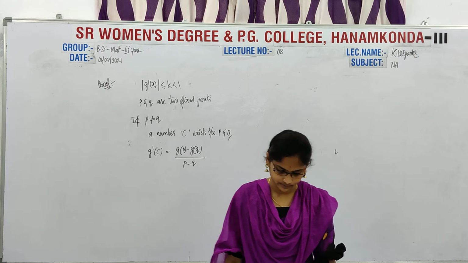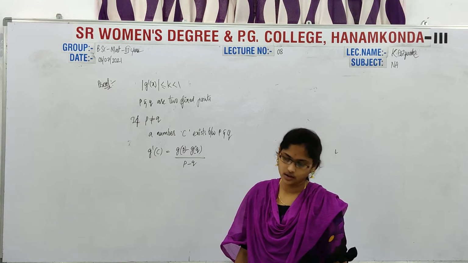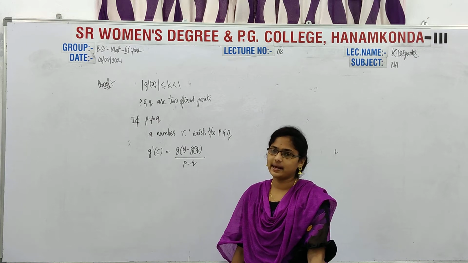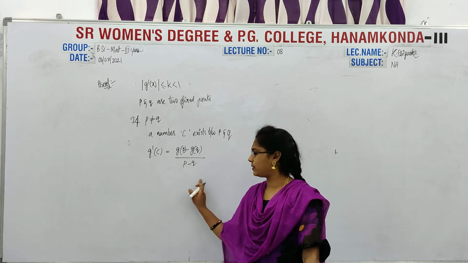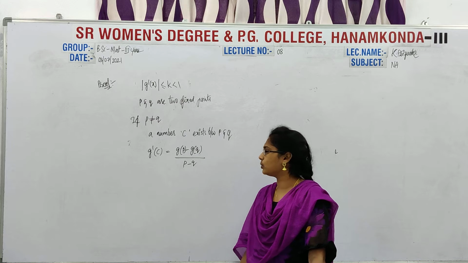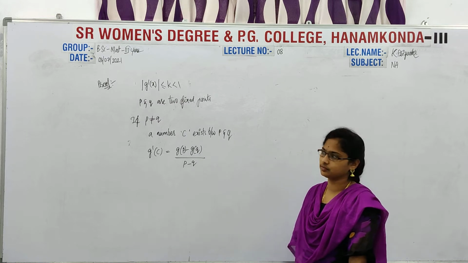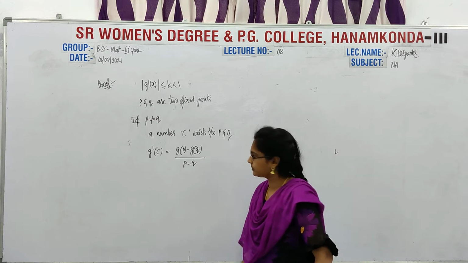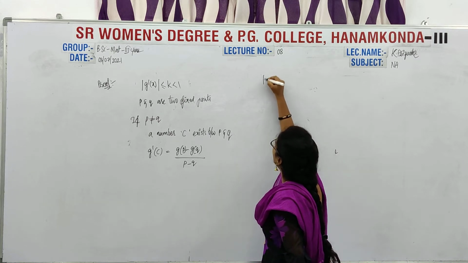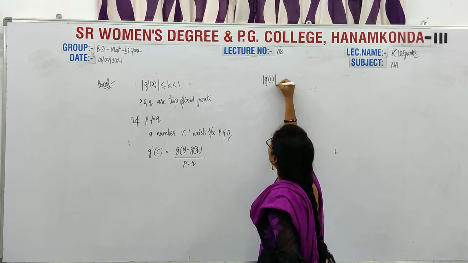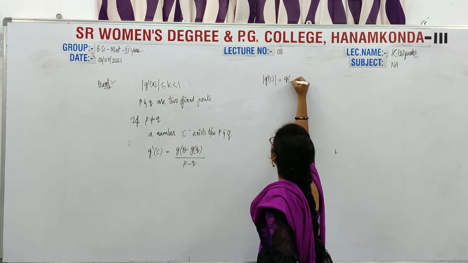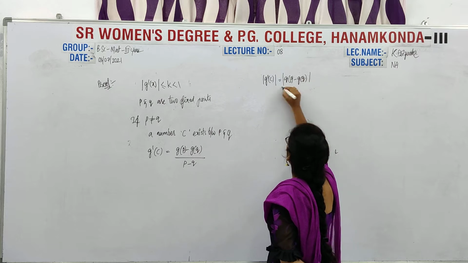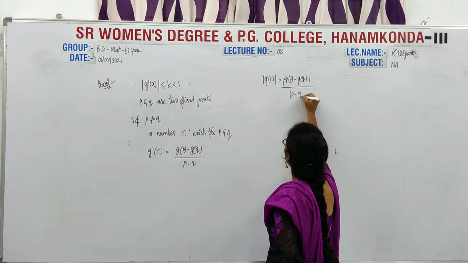So next, write down. Now applying modulus on both sides. Then modulus of g dash of c is equal to modulus of g of p minus g of q, whole divided by modulus of p minus q.